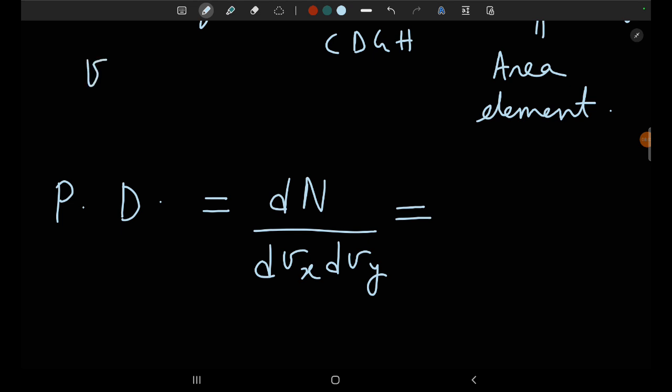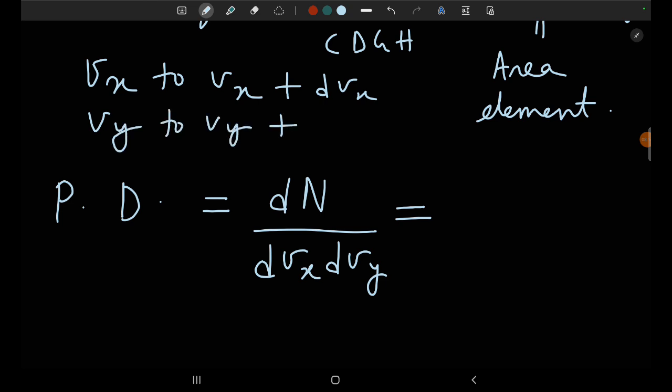Since we defined the problem as Vx to Vx plus dVx and Vy to Vy plus dVy, and this was a two-dimensional problem, we can translate this easily to a problem of C1 to C1 plus dC1.